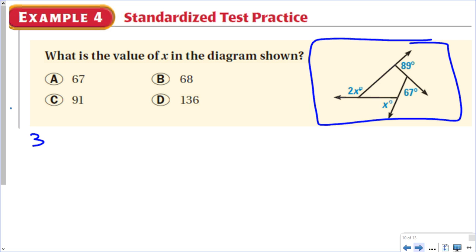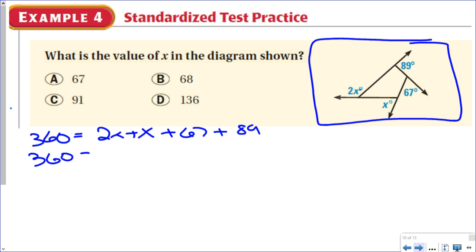So I would go like this. 360 equals 2x plus x, I'm just wrapping around, plus 67 plus 89. Okay, then you go 360 equals 3x, and I add these two up here. Let's see here, it's 156.